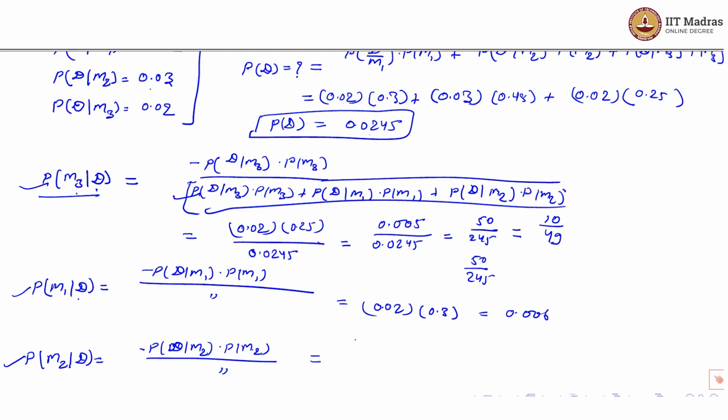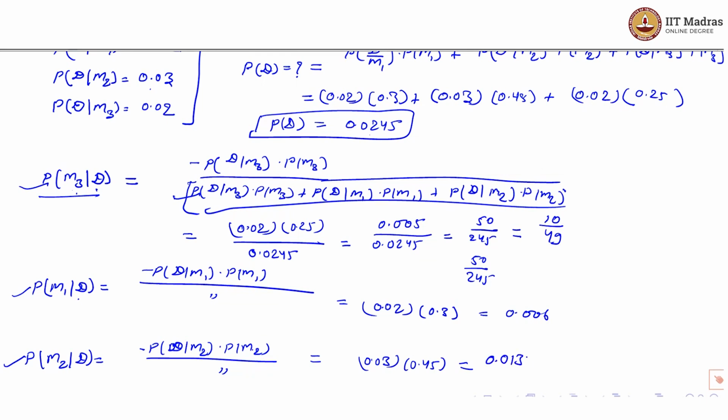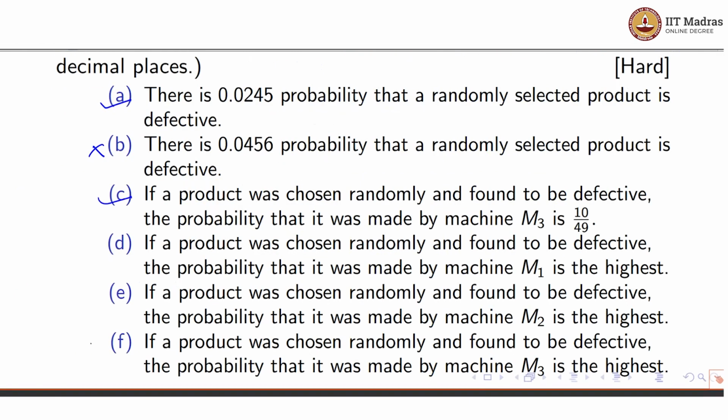For M2 it is 0.03 into 0.45, which is equal to 0.0135. And for M3 it is 0.02 into 0.25, which is equal to 0.005. So it is the highest for M2. So option E is correct, and D and F are wrong.